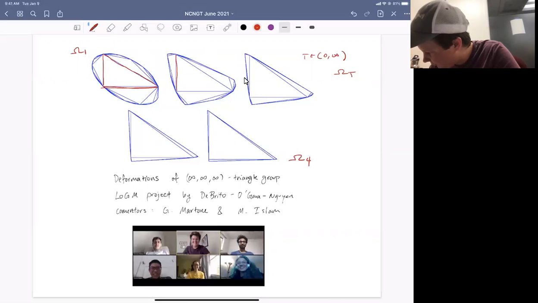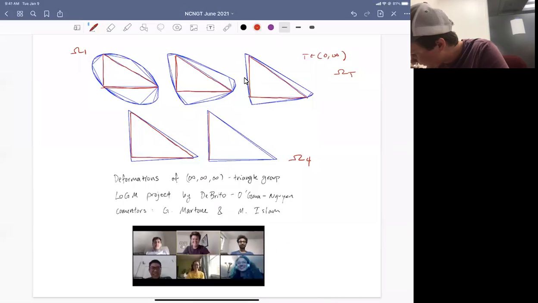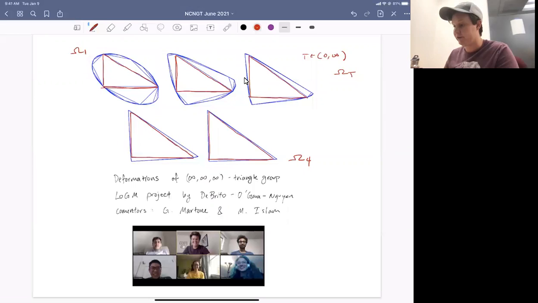By normalizing, there's always the same fundamental domain here, and then the group changes, and omega changes with the parameter. So there's this one-parameter family of different Hilbert geometries associated to this particular quotient.